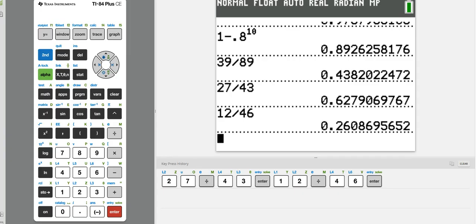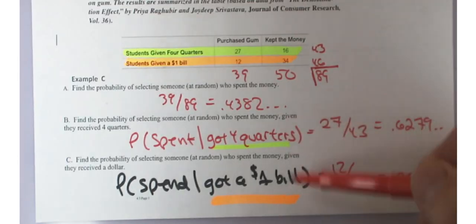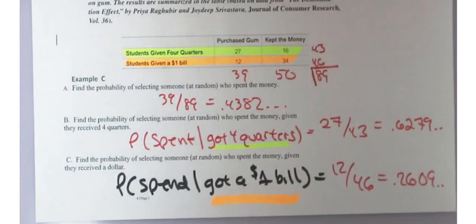So, wow. Now both sets of students got $1, right? Did the form of that dollar change their spending habits? Yeah. It's a lot easier to shell out a few quarters as opposed to a dollar bill. I don't know.